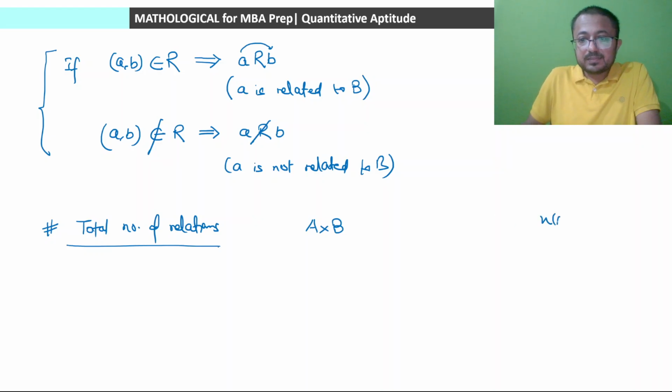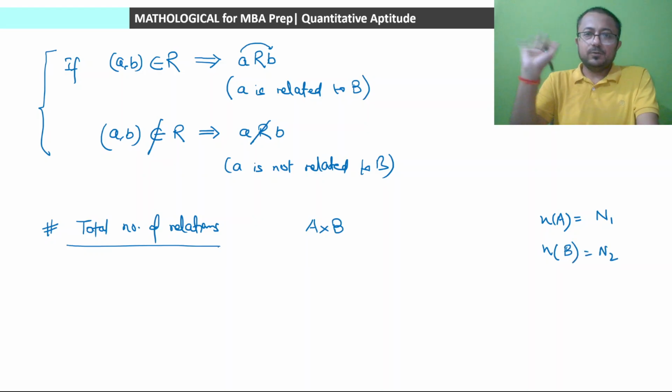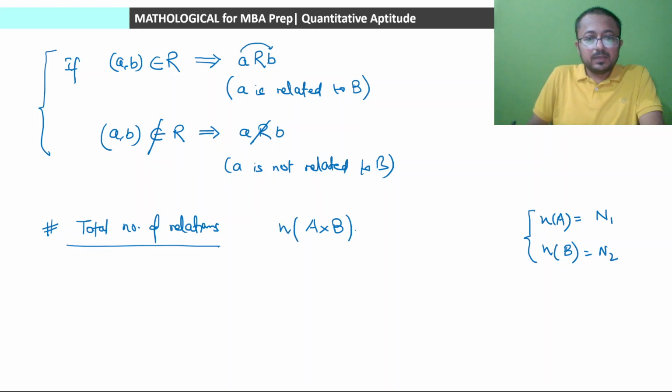If number of elements in set A, मान लेते हैं, is n1, and number of elements in set B, let us say, is n2, तो number of elements in set A cross B कितना होगा? That will be equal to n1 into n2. n1 into n2 elements हैं in Cartesian product of A and B, A cross B.